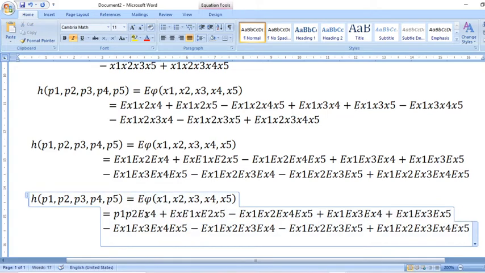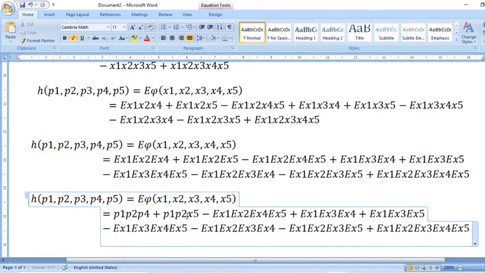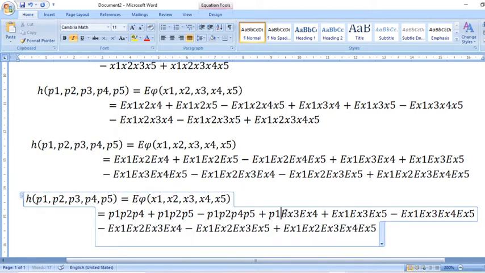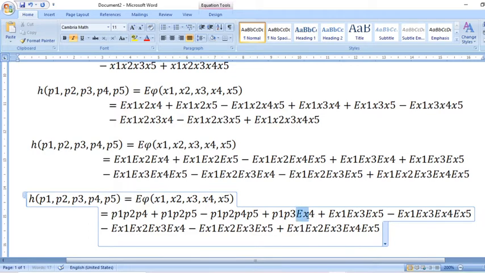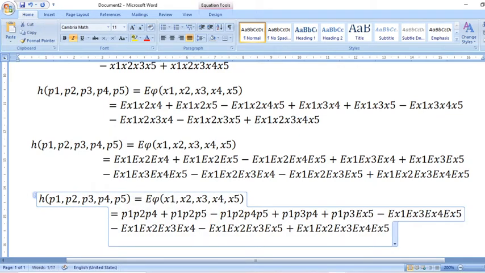This is p2, this is p4, this is p1. Then p1, p2, p5. This is p1, p2, p4, p5.